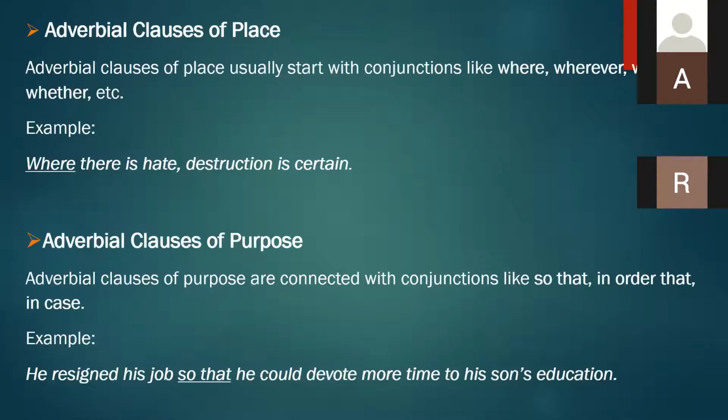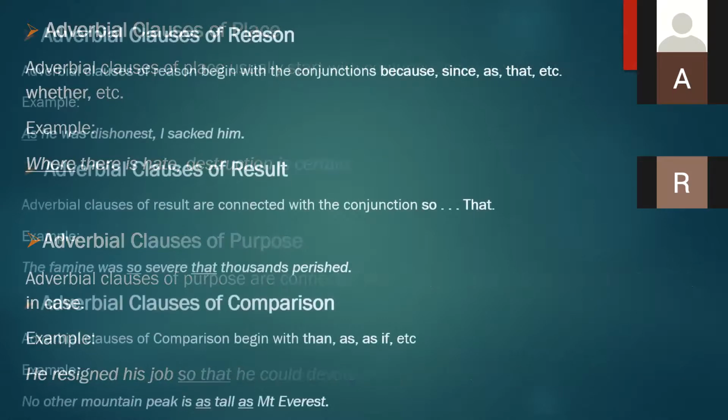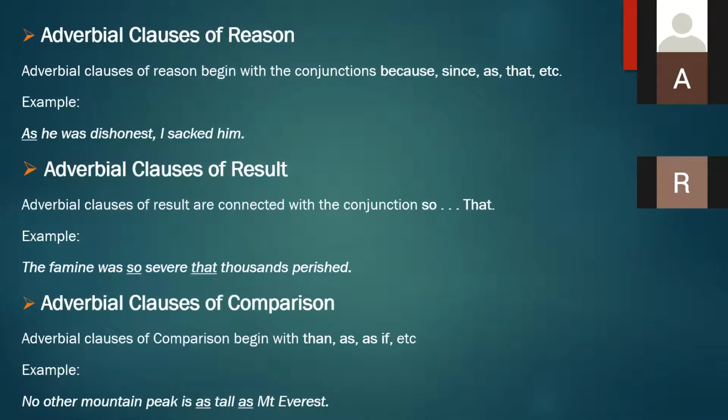So that is the connective, the conjunction used here for adverbial clauses of purpose. Next, we have adverbial clauses of reason. Adverbial clauses of reason begin with conjunctions because, since, as, that, etc. For example, as he was dishonest, I sacked him. So, as is the conjunction used in this statement.